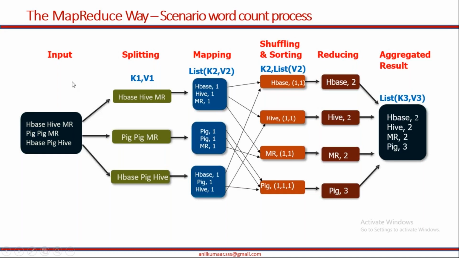Splitting, shuffling and sorting involve no business logic; that's the responsibility of the MapReduce framework. This is your input data, 192 MB, and it will be split into 3 blocks: 64, 64, 64.